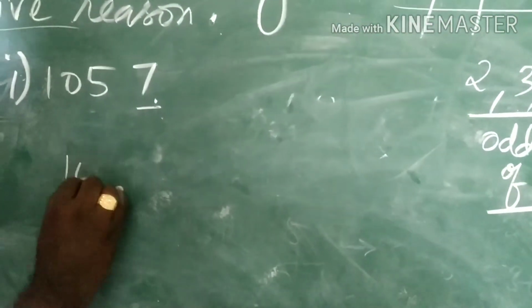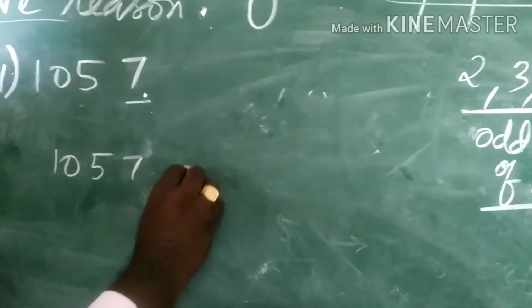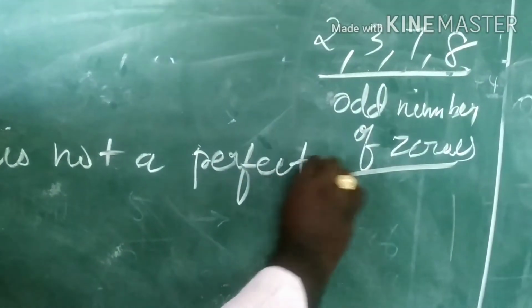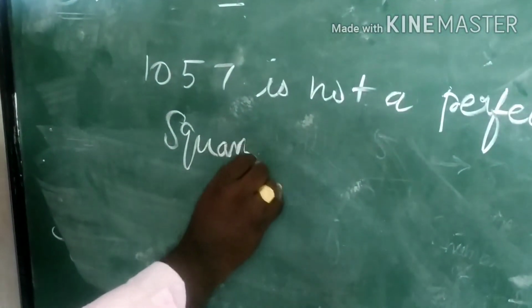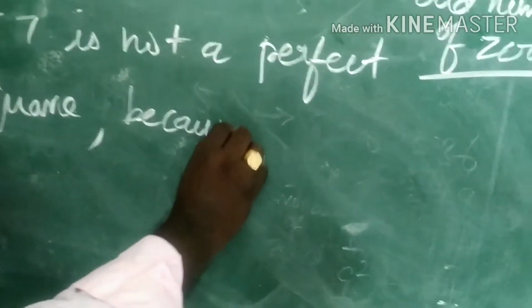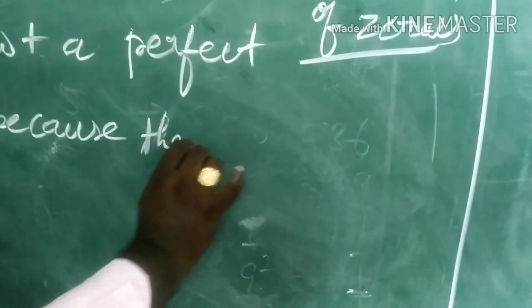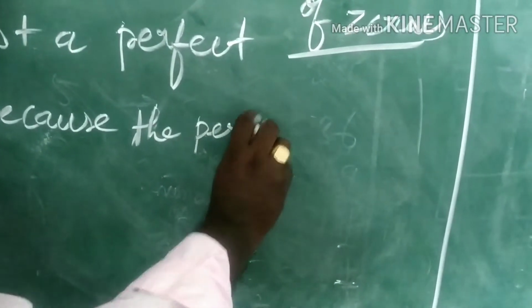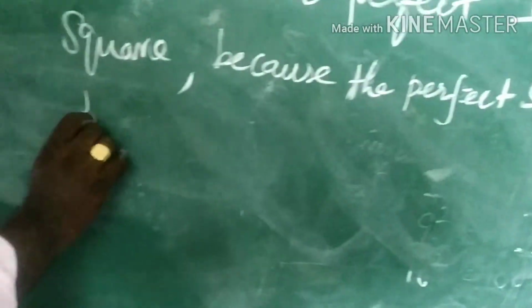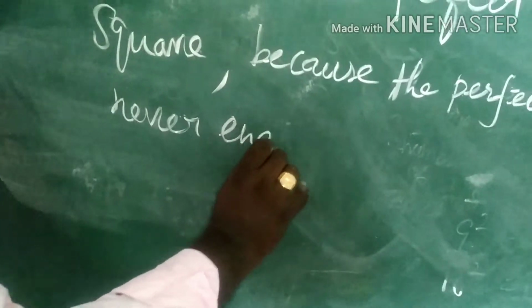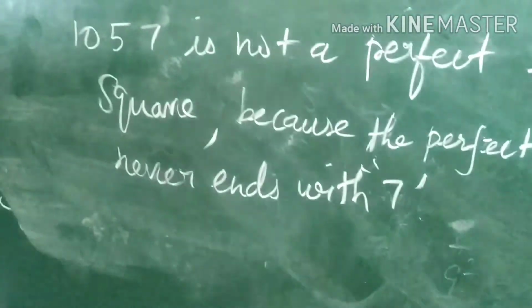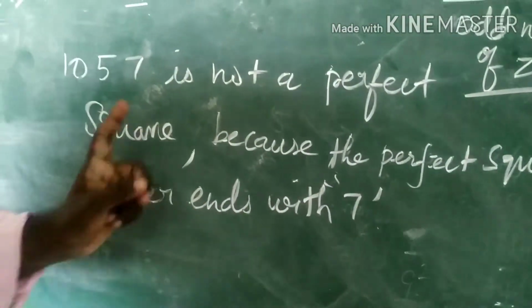You simply write: 1057 is not a perfect square because a perfect square never ends with 7. Is it clear? The same way, solve the remaining sums.